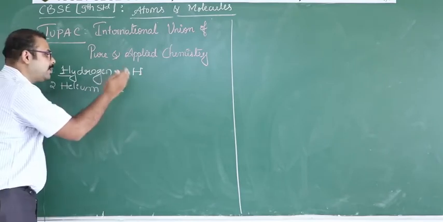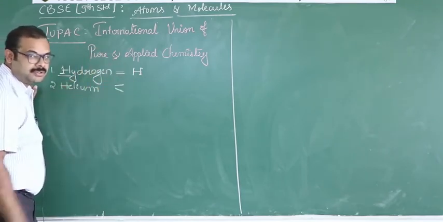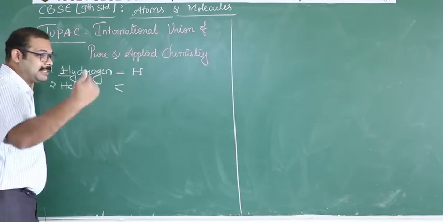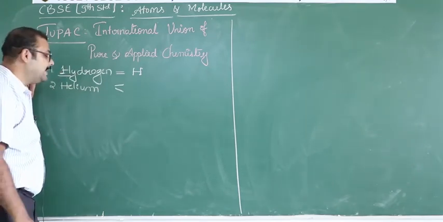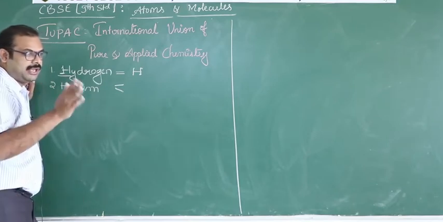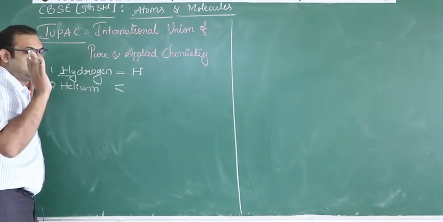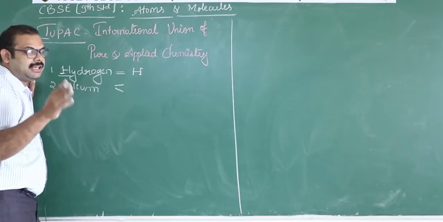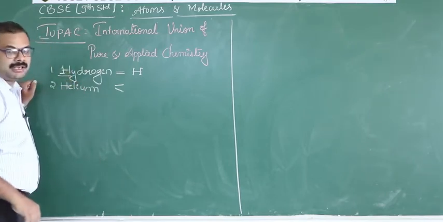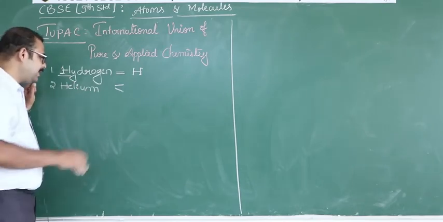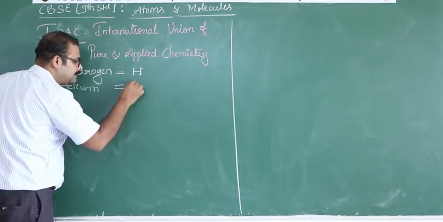Once that alphabet is already used, then for the next coming elements, even if they begin with the same alphabet, we have to take the first letter as well as any one of the letters from the particular element name. Okay, regarding this, helium is there.